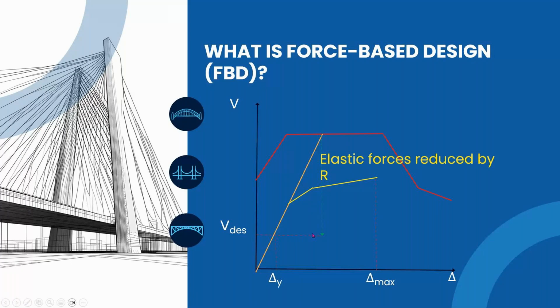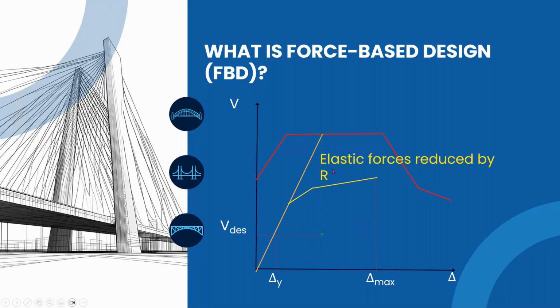And then we multiply with the factors of safety on the loads as well as the material, and we design the structure at this level. If we look at the demand and the capacity of the structure, there is still a difference.